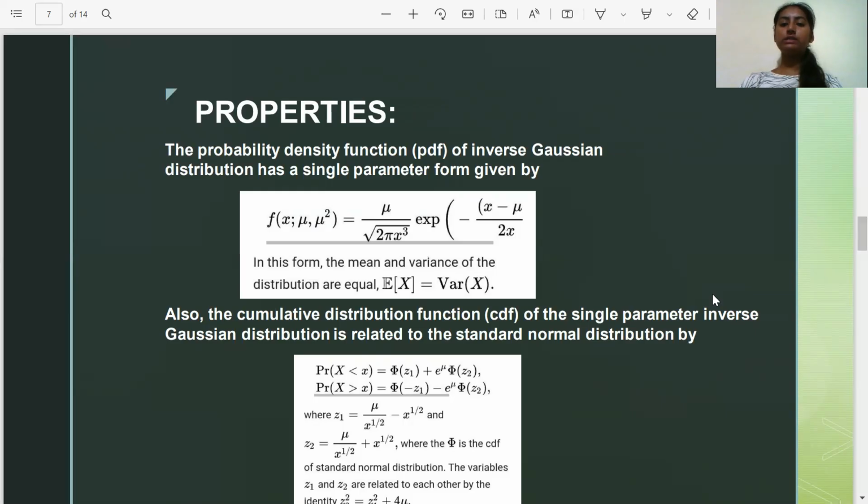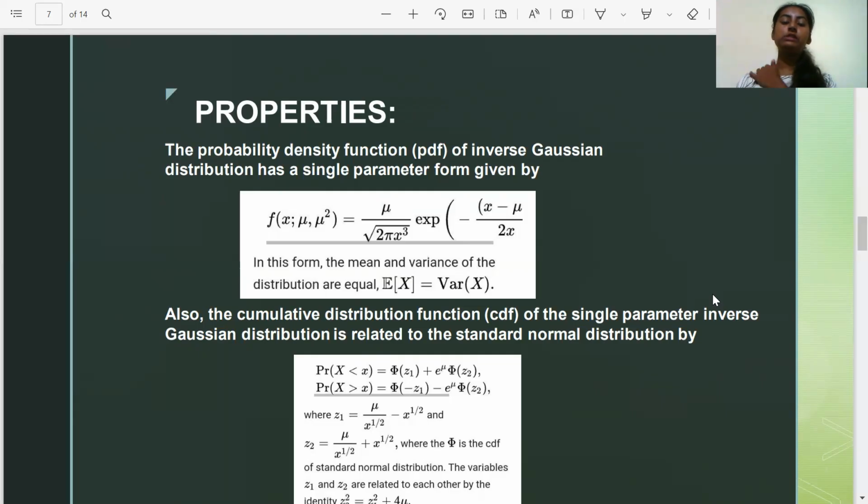P of X less than x is equal to phi of z1 plus e power 2 mu phi of z2, where z1 is equal to mu by x power 1 by 2 minus x power 1 by 2, and z2 is equal to mu by x power 1 by 2 plus x power 1 by 2, where phi is the CDF of the standard normal distribution.